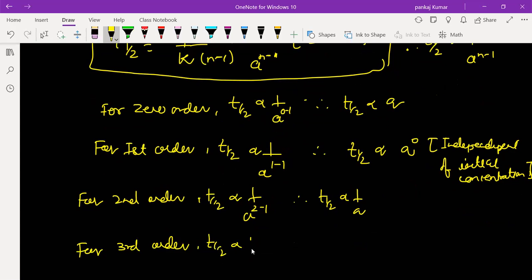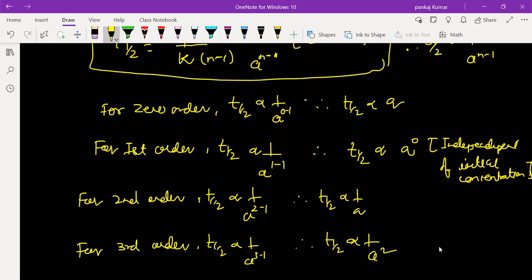T 1 by 2 is proportional to a to the power 3 minus 1. So therefore, t half life is proportional to a square. So like that we can derive it. So with this our all nth order reaction completed.